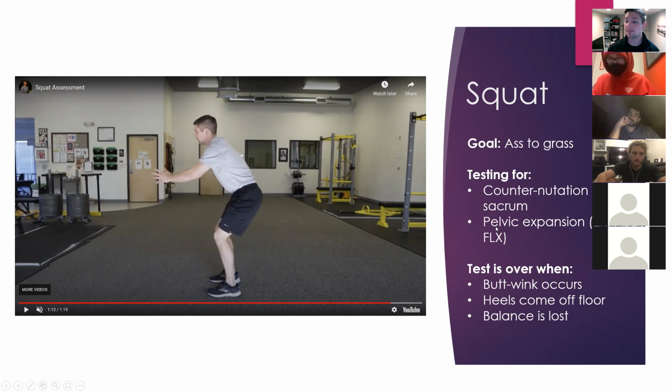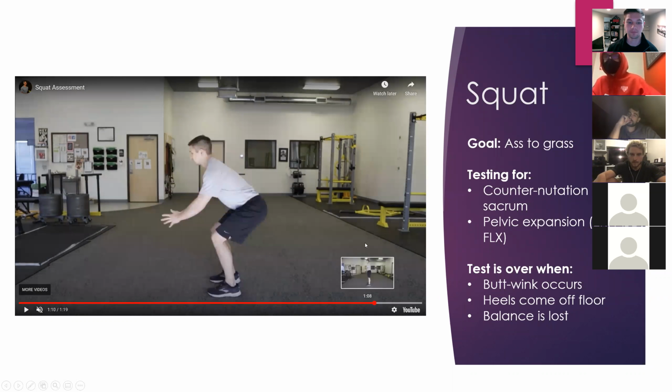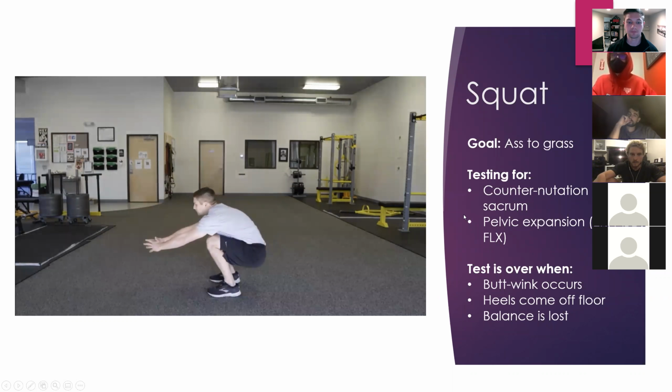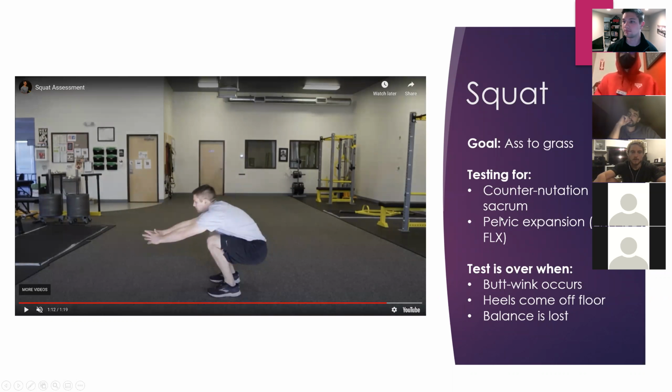Can I ask a quick question about that? For sure. Can you play that last little bit where you butt winked really hard? Right there. Couldn't you also say that if you had more dorsiflexion, that would allow you to stay taller through there? Or do you find that doesn't work?